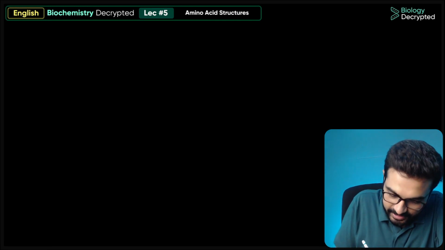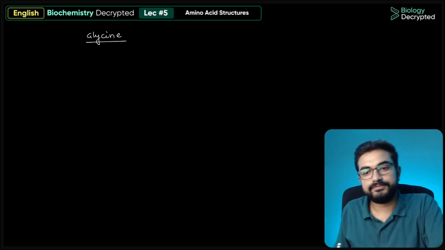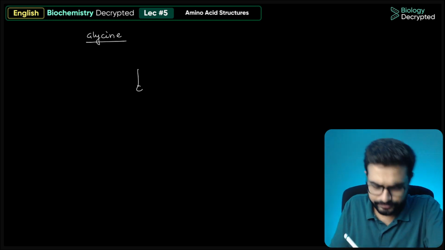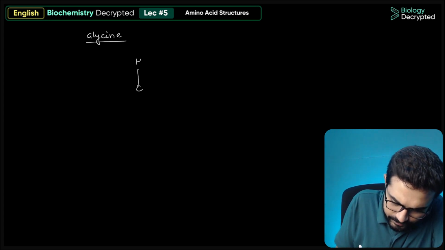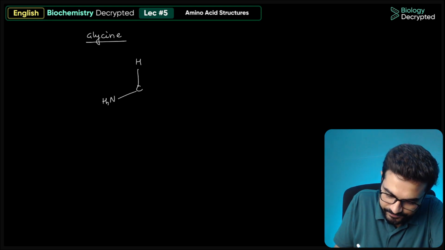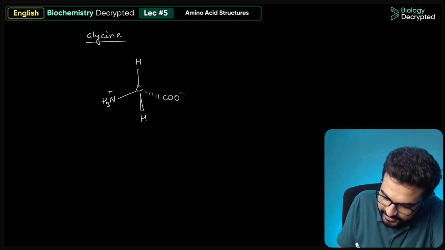So see, we have glycine. Now, glycine is the simplest possible amino acid. Here it has a hydrogen, it has NH3 plus, then it has another H and COO minus.